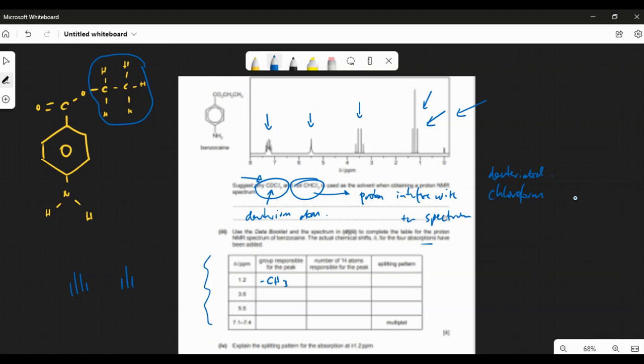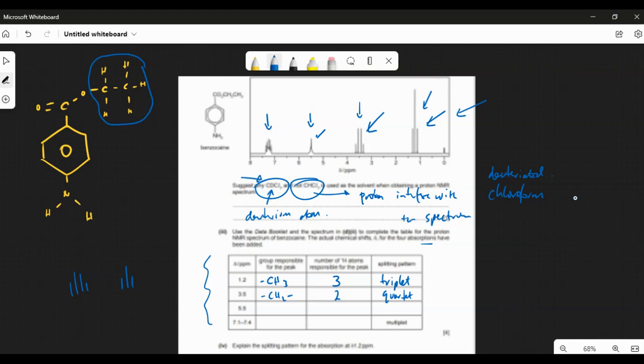Number of protons responsible, that's going to be 3, and the splitting pattern is known as a triplet because it's next to 2. This one here is the CH2. The number of protons is 2, and this is known as a quartet.